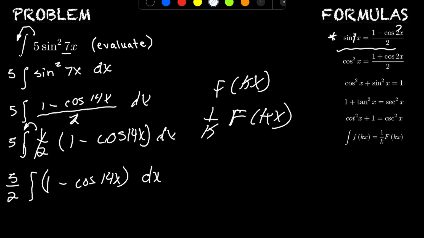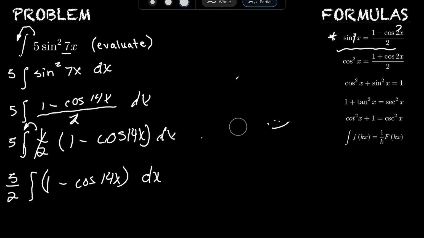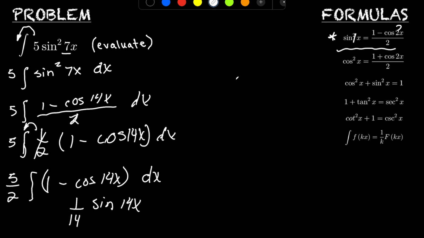So to put this in practice for cosine, we're going to be using 1 over k, and for cosine's example, k is 14. So it's 1 over 14, and then the integral of cosine is sine, and then you're going to plug in 14x back in, and then multiply by dx.